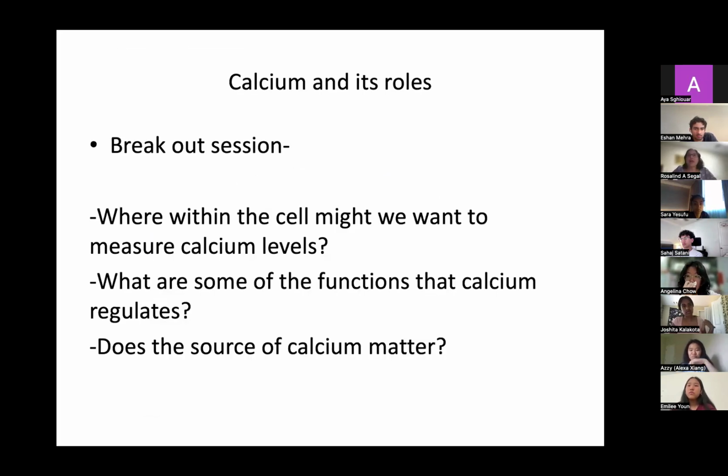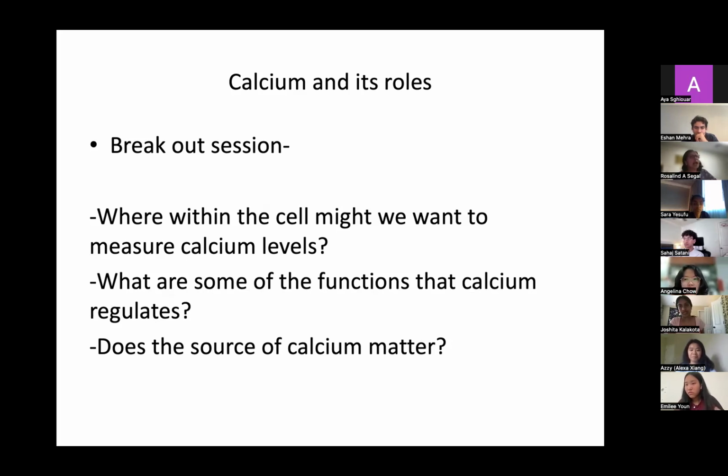So this is going to be the last breakout session, and just to talk about calcium, because one of my colleagues says, basically in neuroscience, calcium is everything. Calcium is critical in so many ways. So as we're looking, where within this cell do we want to measure calcium levels?